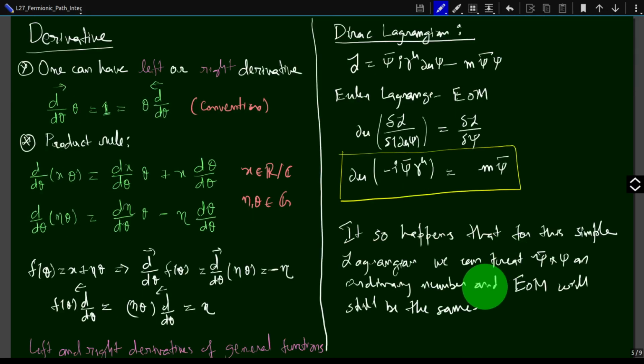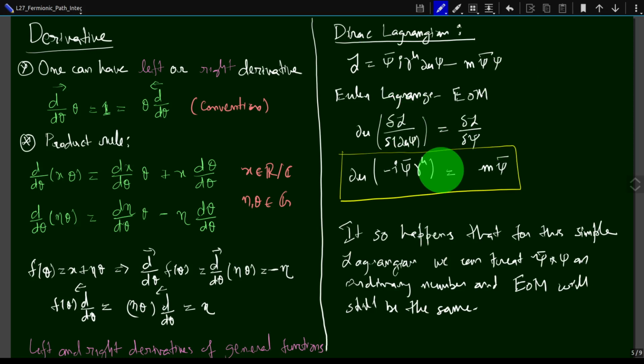Interestingly, it so happens that even if I took psi and psi bar to be ordinary real or complex numbers, my equation of motion would still be the same. The reason is that this crossing of the derivative is happening the same number of times on the left hand side as on the right hand side for this simple Lagrangian. If the Lagrangian has higher order polynomials in psi and psi bars, then this simple thing will not be true.